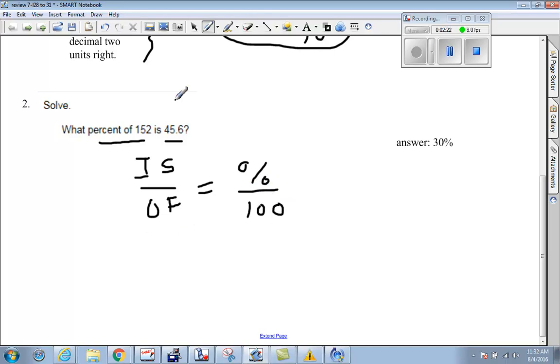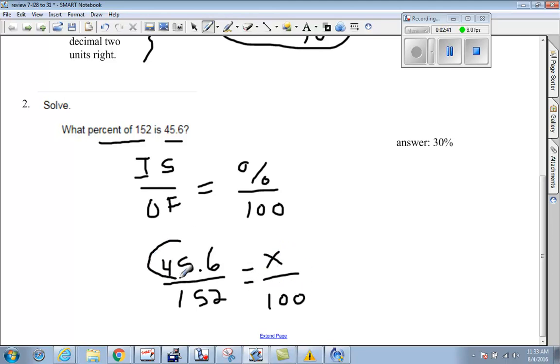If we do it that way, is is 45.6, 152 is the of. Some people think of it as part to whole equals percent out of 100. You could also use that proportion. What percent? Percent's unknown, over 100. And then from there, you can simply cross multiply and solve.